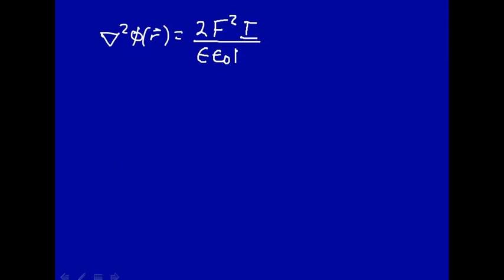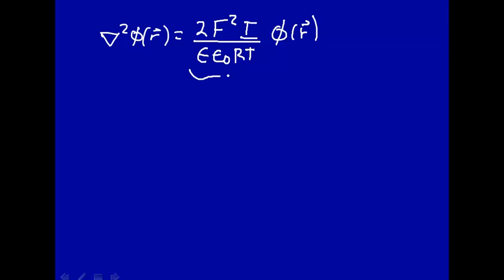So this will be equal to 2F squared times I divided by epsilon naught RT times the potential phi(r).